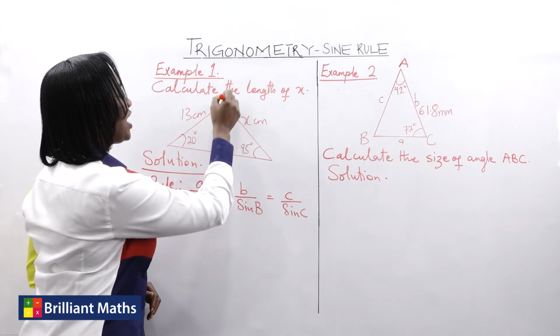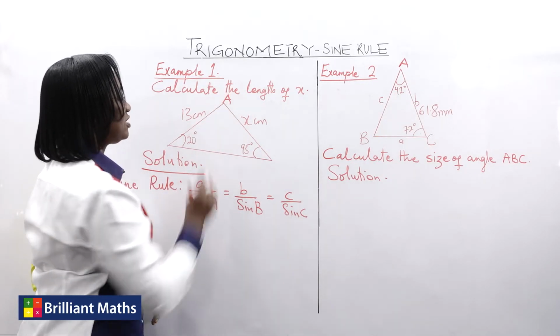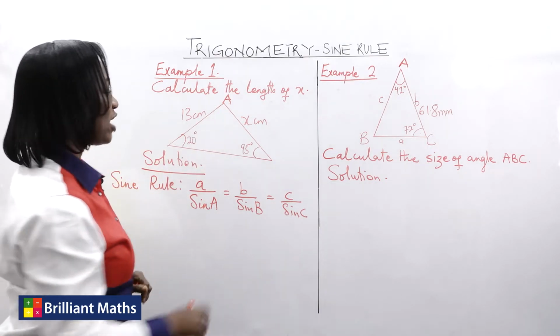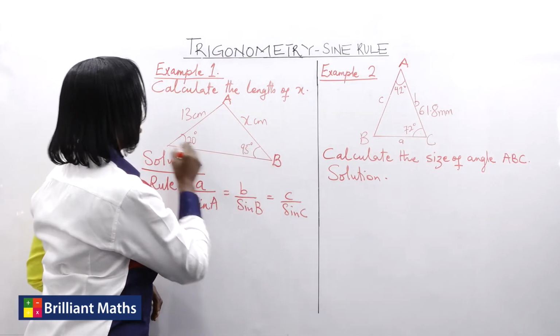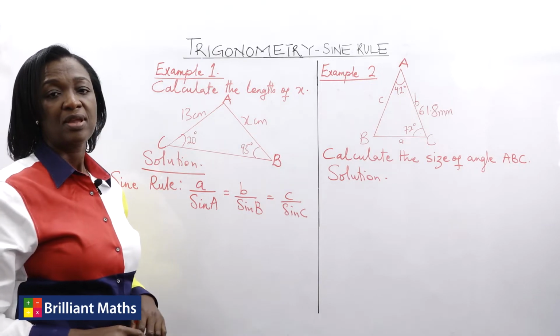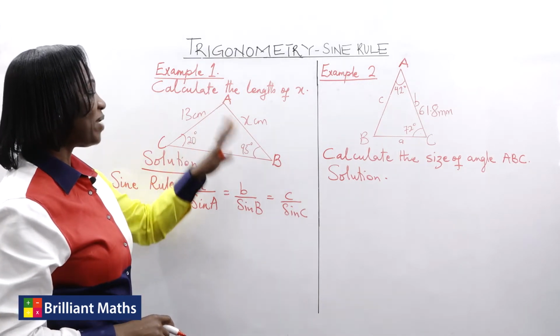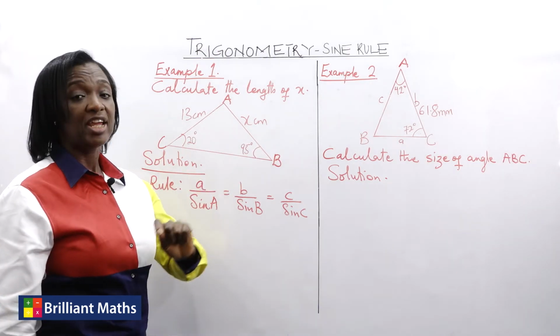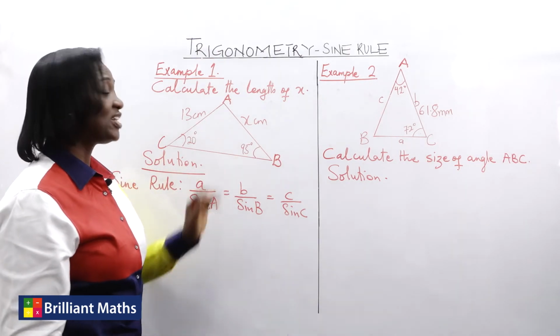The angles will take the capital case, the uppercase letters. So let's say this is triangle A, B, C. The angles will take the uppercase letters. The side opposite the angle will take the lowercase letter of that angle.